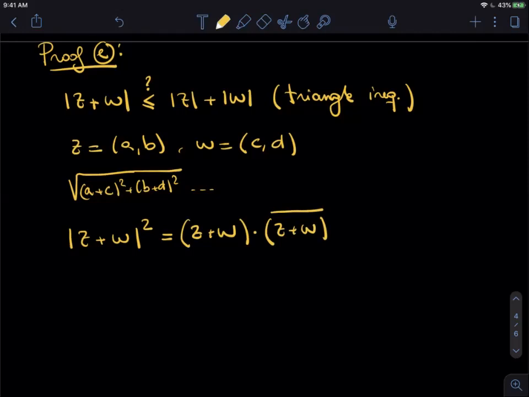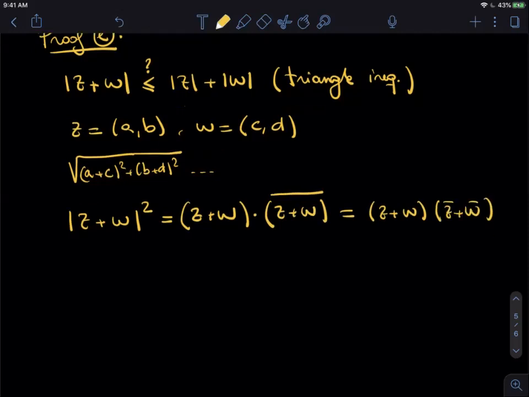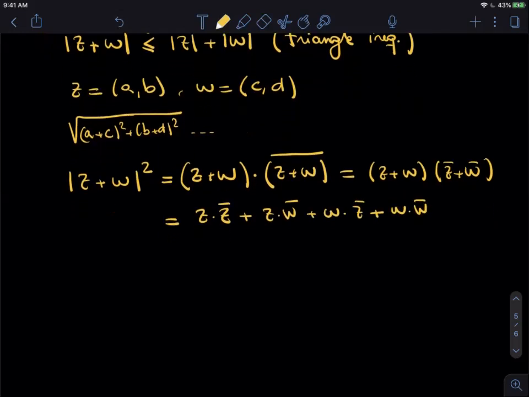Now, the conjugate of a sum of complex numbers is the sum of the conjugates, right? And then here we need to expand the product: Z times Z conjugate, plus Z times conjugate of W, plus W times the conjugate of Z, plus W times W conjugate.